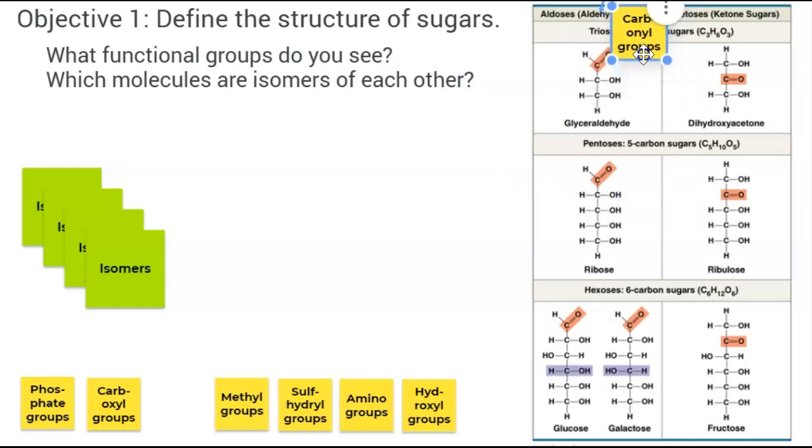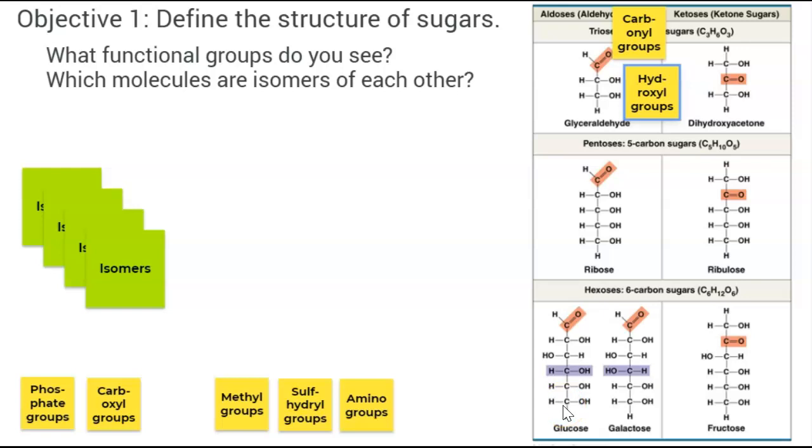So we have some carbonyl groups, and then we have some that are those OH groups. So those are the hydroxyl groups. You might think you see methyl groups, but you actually don't see methyl groups down here. There is no CH3 down at the bottom. So carbonyl groups and hydroxyl groups.